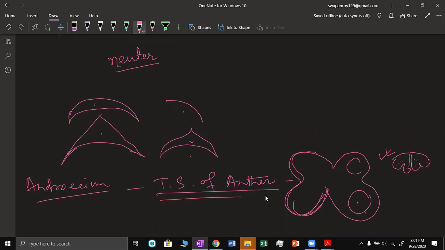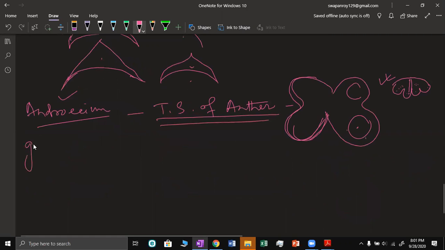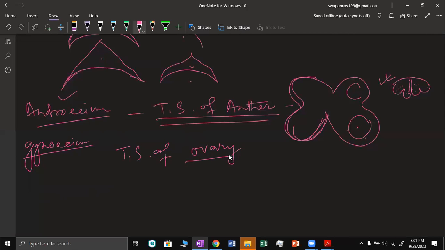So TS of anther represents the androecium, and the gynoecium is represented by the TS of ovary. So in the ovary, how many chambers are there? It is drawn. Say maybe two chambers are there.